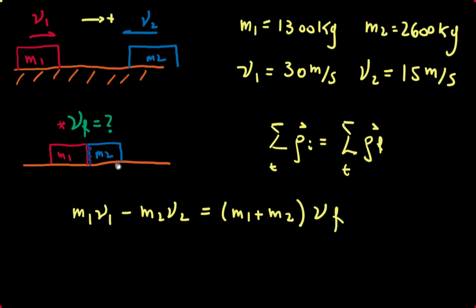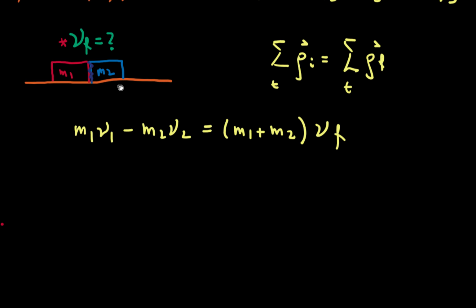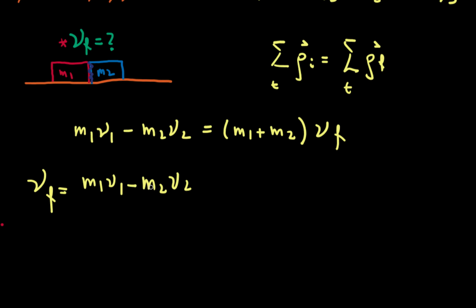A little bit of algebra will get you to the equation you need to solve to figure out the speed. This is mass 1, velocity 1, minus mass 2, velocity 2, divided by mass 1 plus mass 2. All right. So now we go ahead and just solve for this.